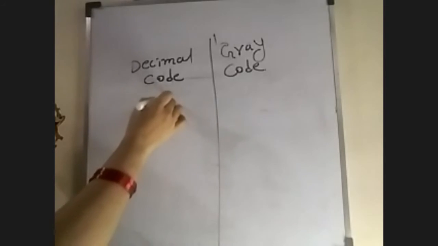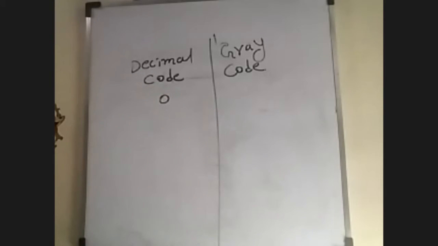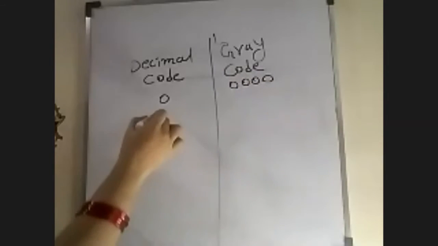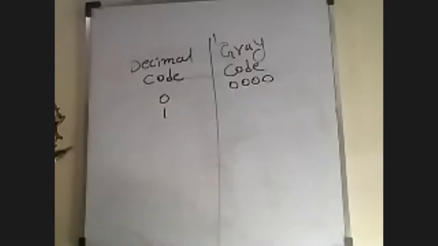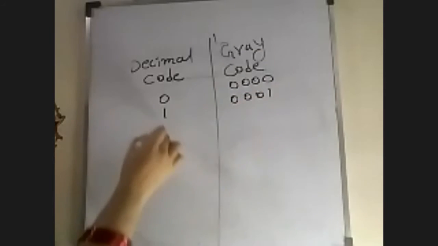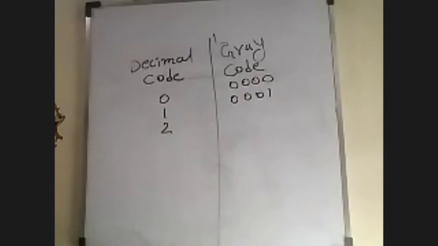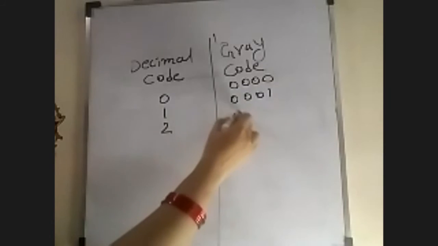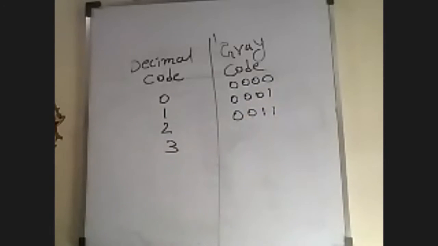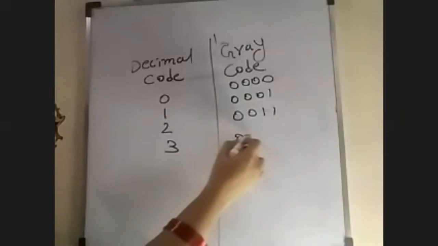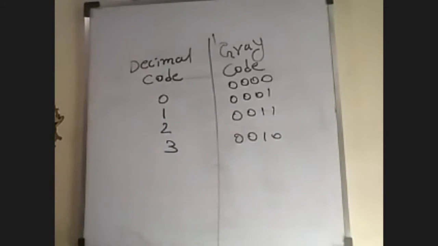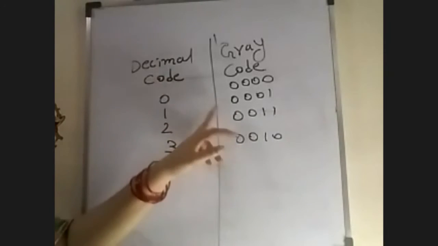So decimal 0 means gray code 0000. 1 means 0001. 2 means 0011. 3 means 0010. Like this we write the values. How do you get these values?